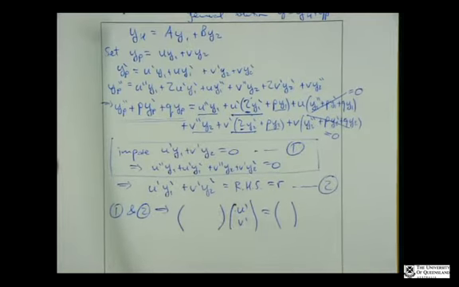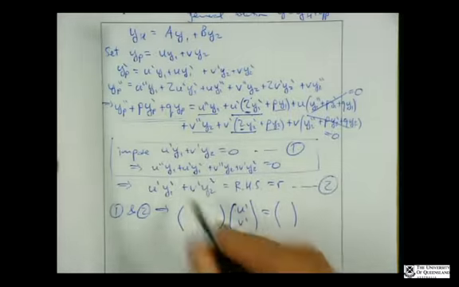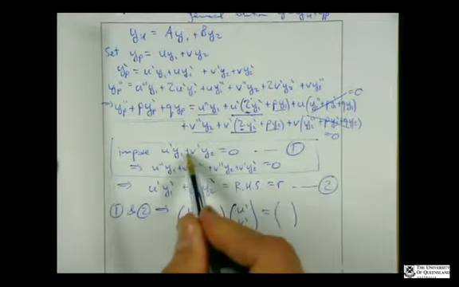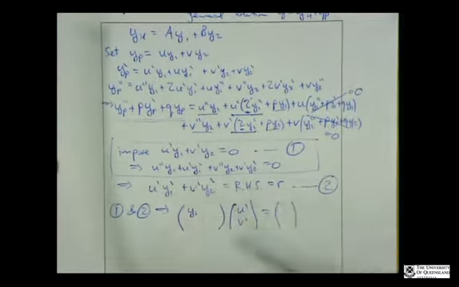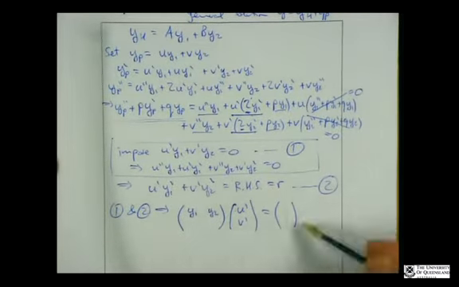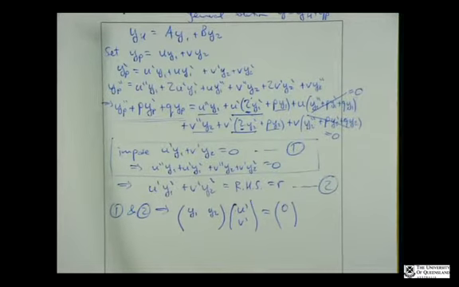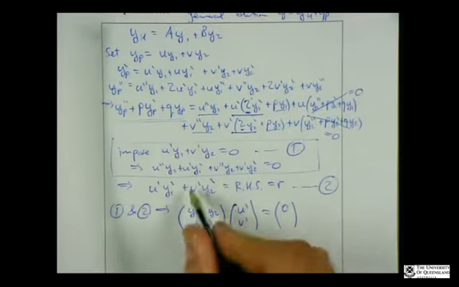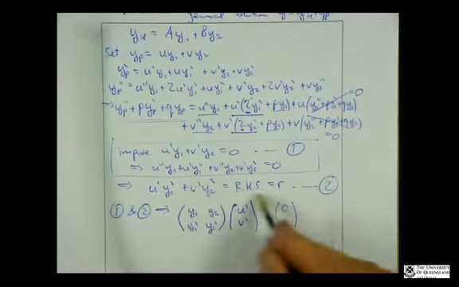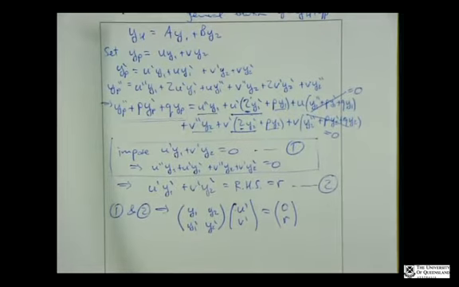I'll have u dash times the first entry of the matrix plus v dash times the second entry, so I'll have y1 and y2 in the first row of that matrix, and on the right-hand side I'll have 0 in the first entry. You multiply that out and you get the first equation. And then in the second row, we'll place the second equation, that's u dash y1 dash plus v dash y2 dash equals r. So we've now got this matrix equation we want to solve for u dash and v dash.